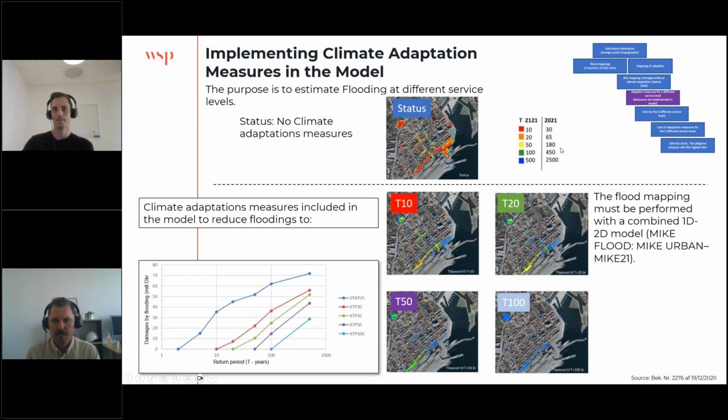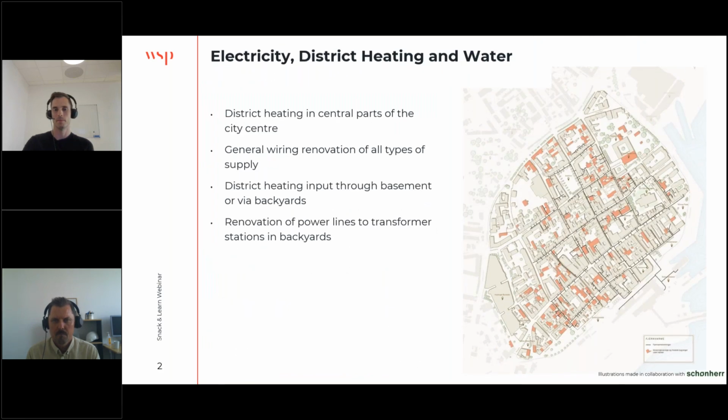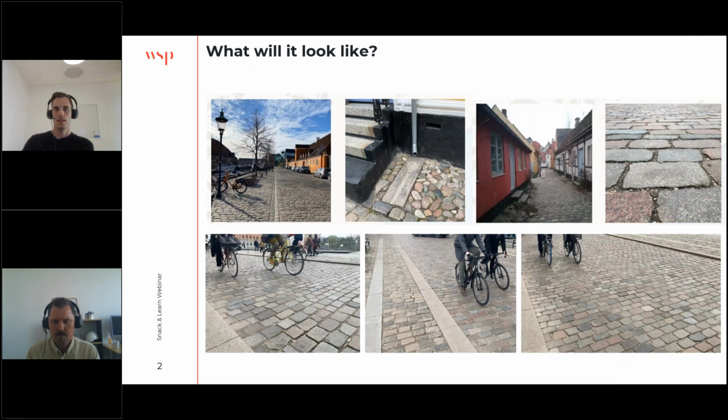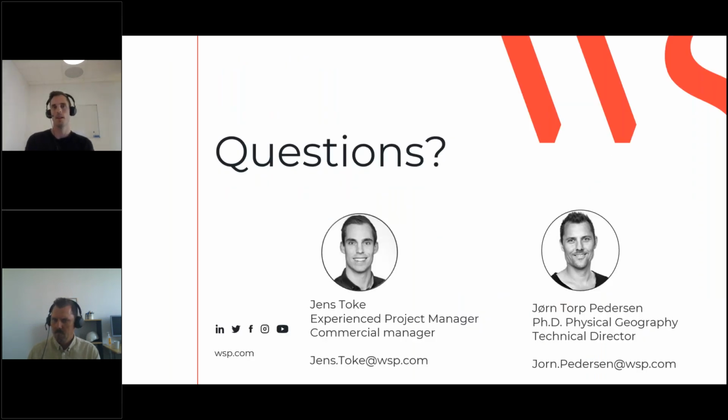Fantastic, thank you. I will take the last question. Why do you divert the water onto the street instead of making larger pipes underground? It's because of money, it's cheaper, and also because of CO2.